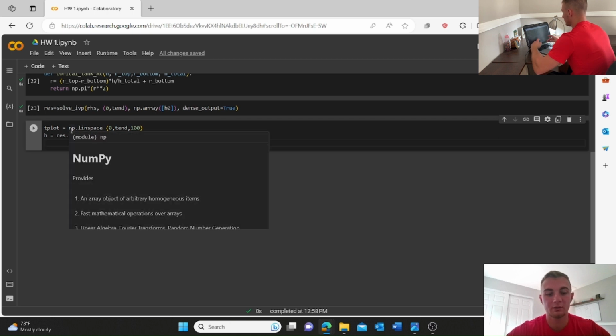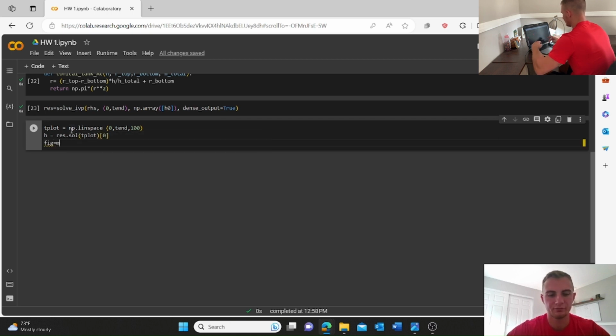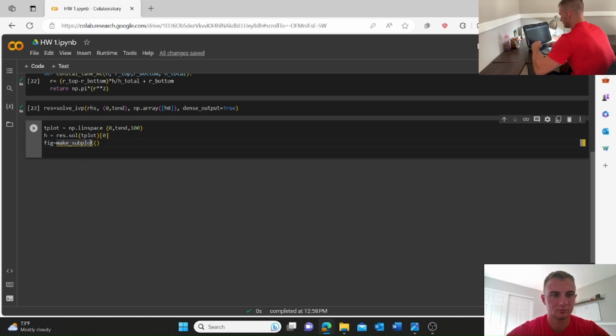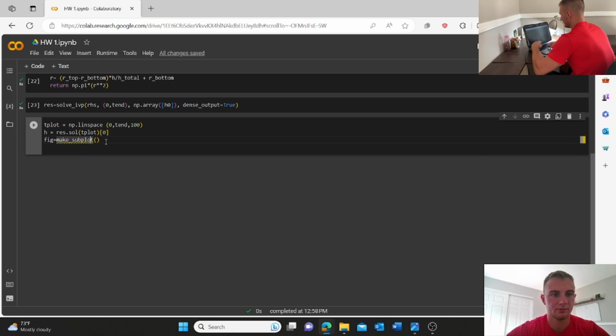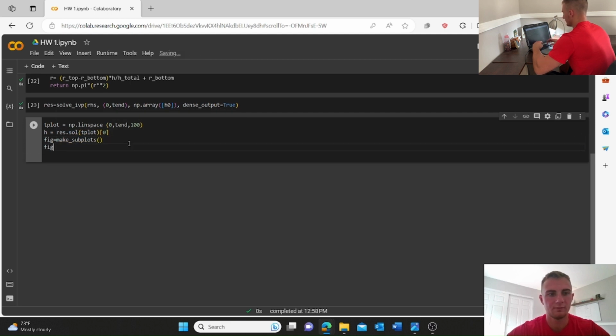And we can go ahead and make our plot. So I believe it's fig equals make subplot, and then we'll add a scatter plot. Why is it fig equal make subplot? Is it plural? It is plural. Fig dot add scatter.